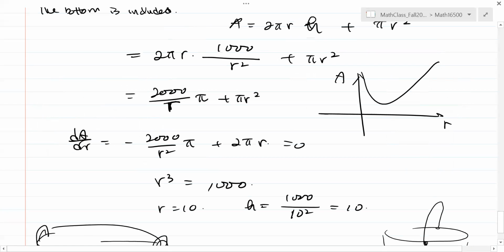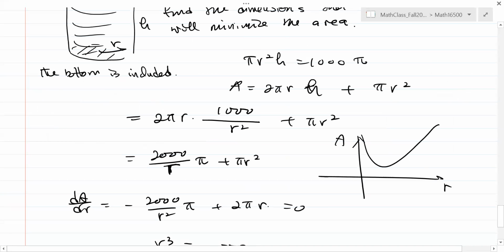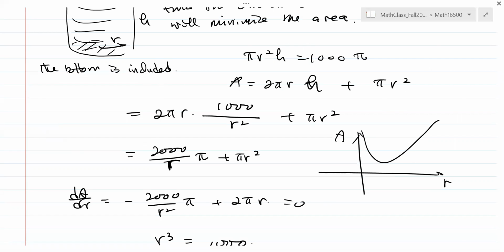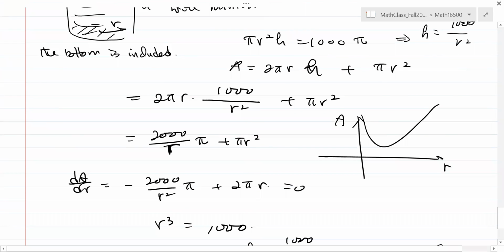h is going to be 1,000 over r squared from here. There's no pi here.